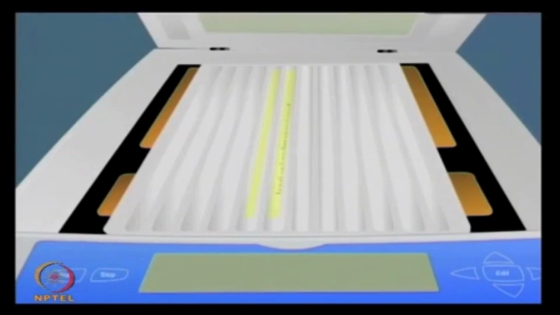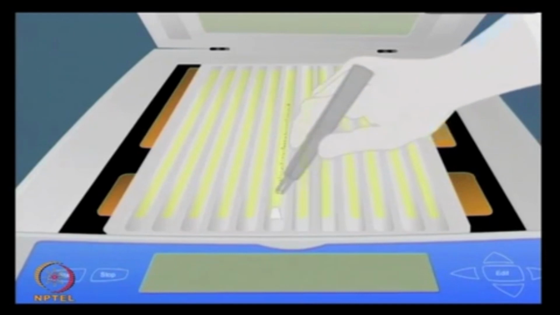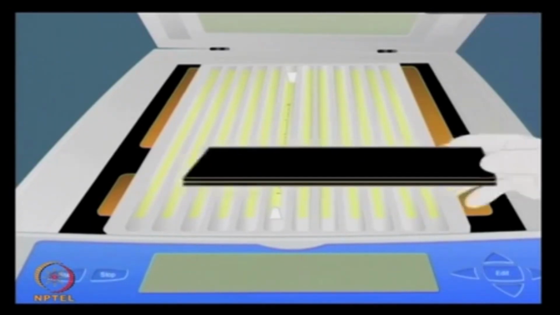So, place the wicks at either end of the IPG strip, followed by an electrode at each end. Fill all the adjacent wells with the mineral oil to ensure uniform current flow.